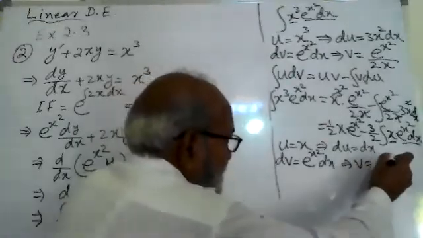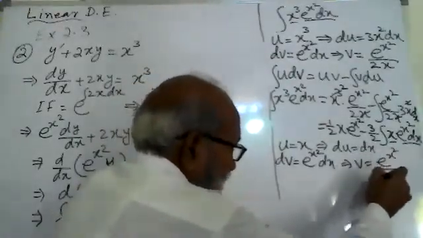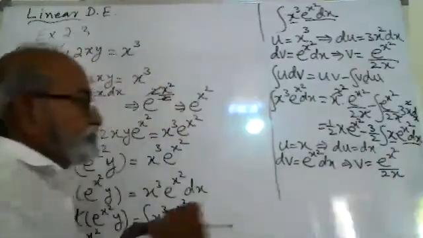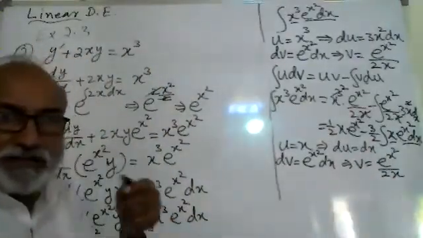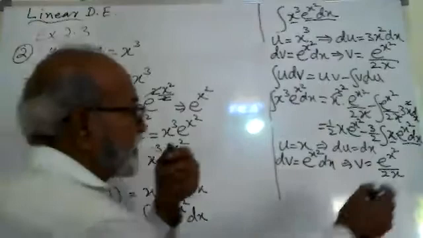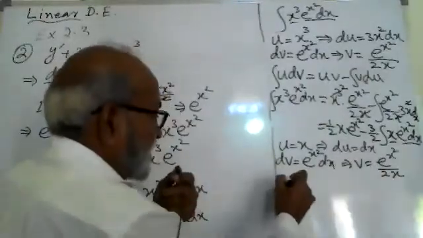v will be e raised to power x square upon 2x. Now we will find the derivative of this one.